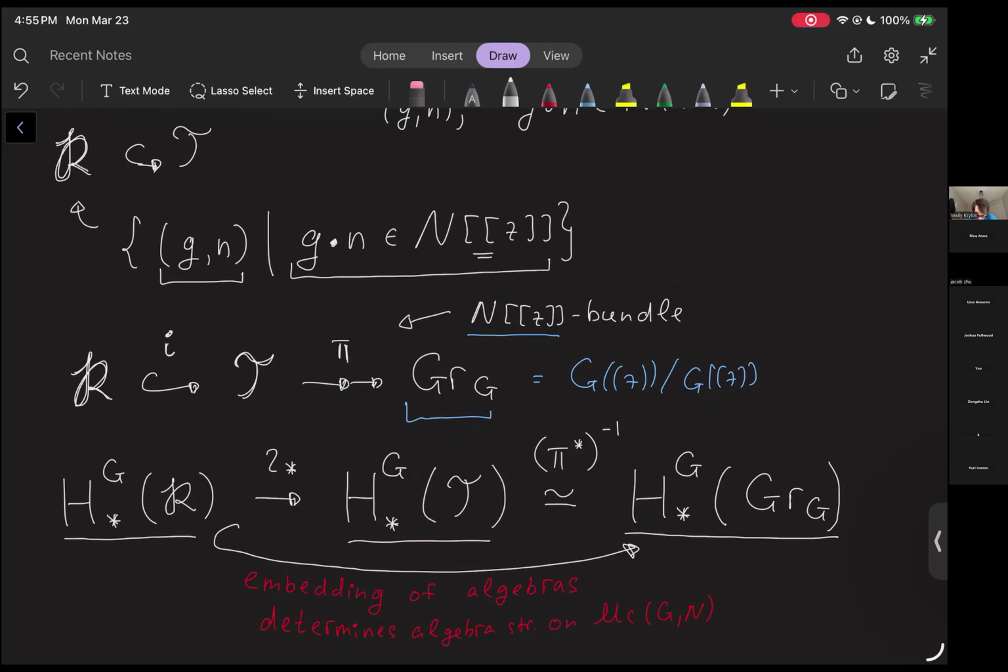So this thing can be identified with this thing, and composing, we get an injective map, and the claim is that this map is actually an embedding of algebras. So again, after you did some formal procedure of defining the algebra structure here, you can always extract this algebra structure from the one without the matter.